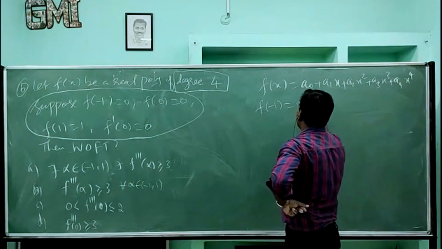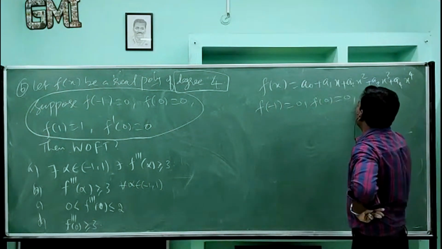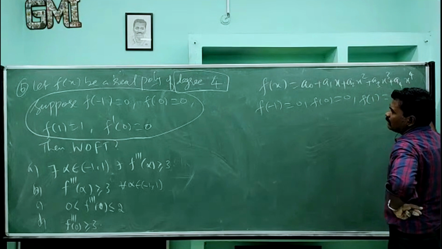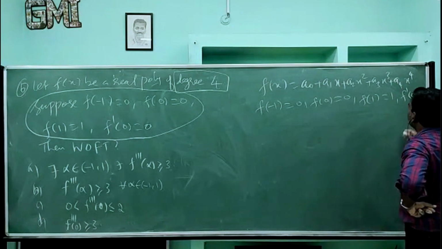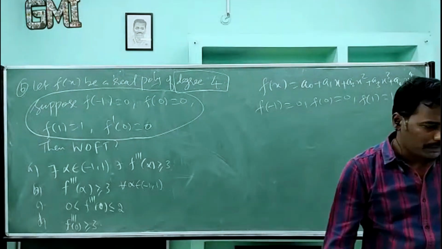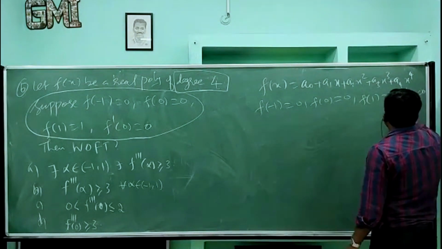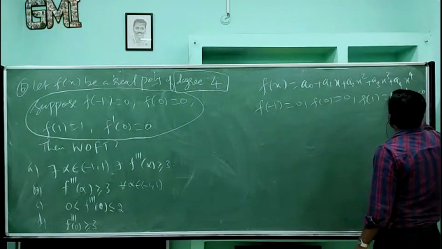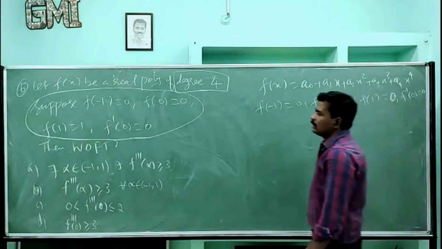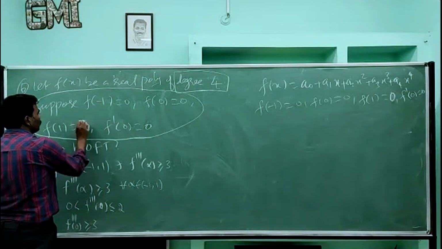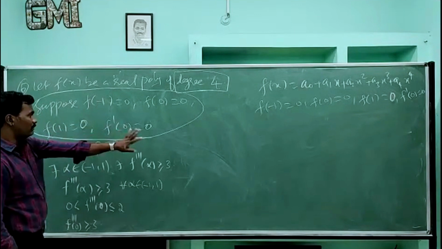F of minus 1 equals 0, f of 0 equals 0, f of 1 equals 1, f prime of 0 equals 0. Maybe I forgot when changing the question, I don't know; it will be 0 only that I am putting. But anyway, this question I am answering.